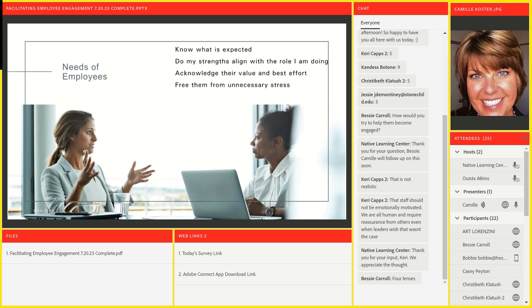The next one is to help employees see their value and acknowledge it. So we know as leaders that sometimes we see things in our employees that they don't see in themselves. Sometimes they are contributing in ways that perhaps they've not even seen themselves.